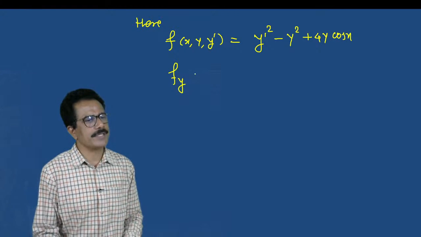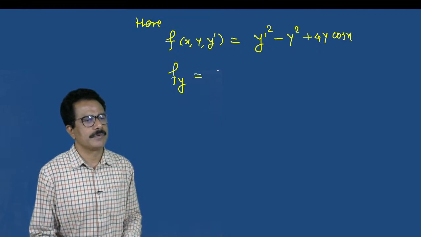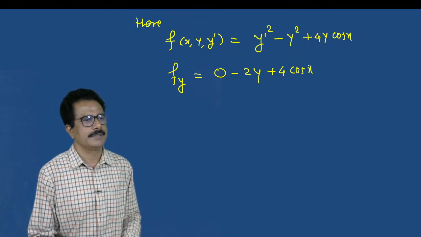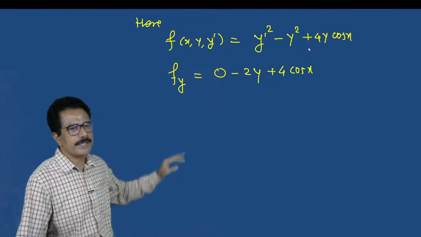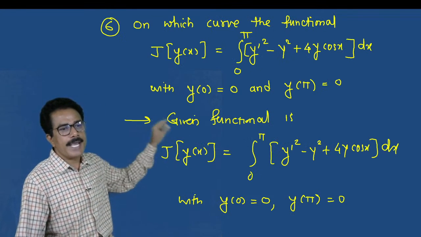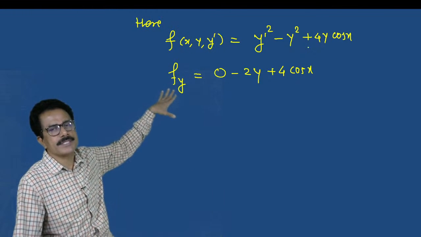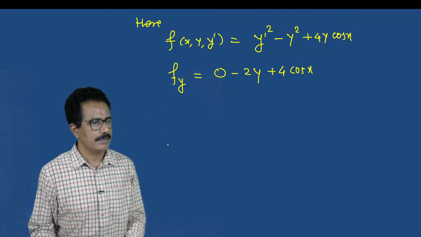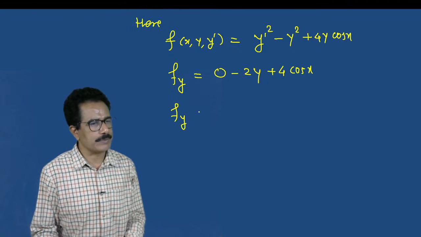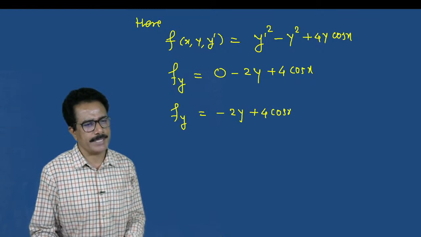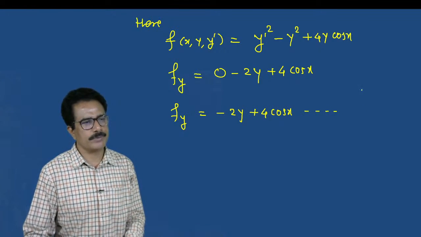So f suffix y is equal to 0 minus 2y plus 4 cos x, because this function depends on x, y and y dash. So we have to use Euler's general formula. So f suffix y is equal to minus 2y plus 4 cos x. Is it correct, students?